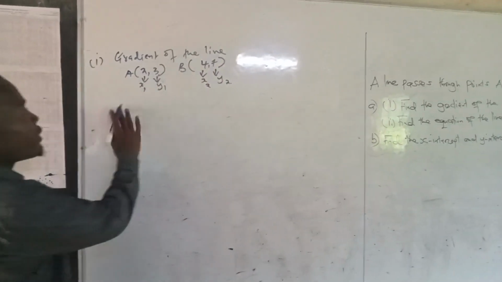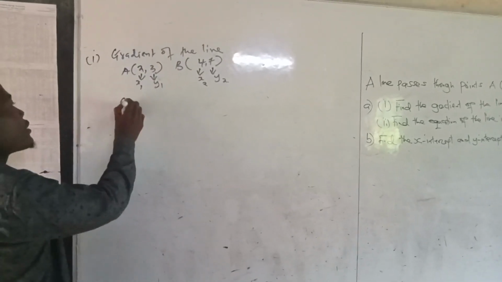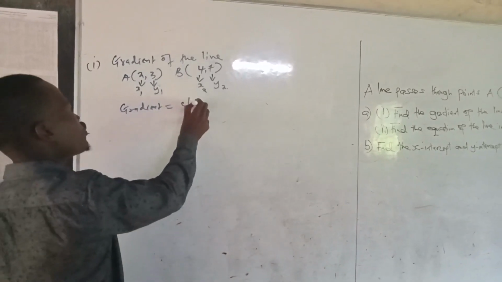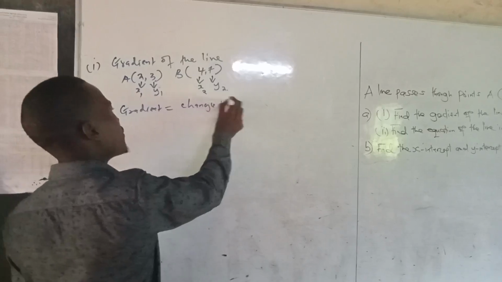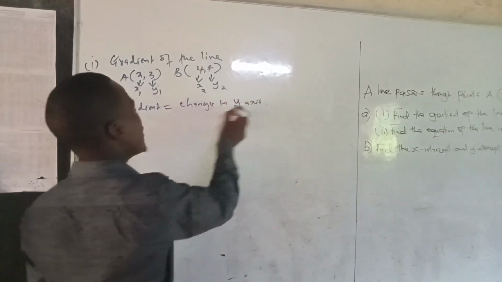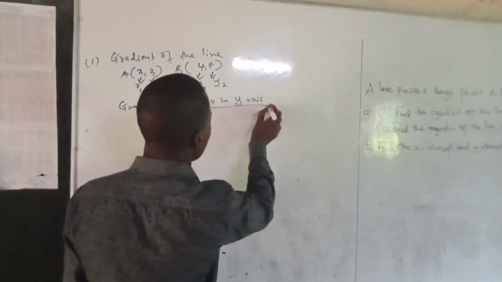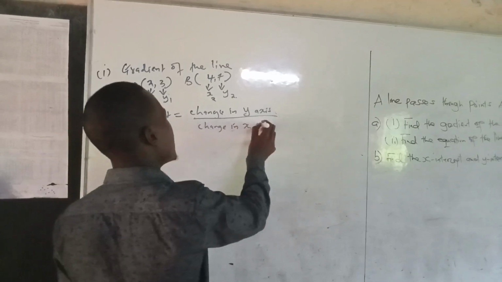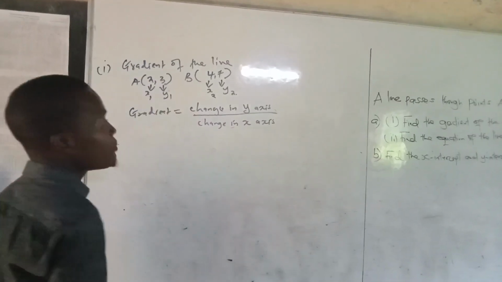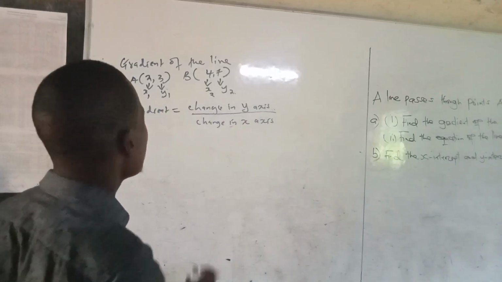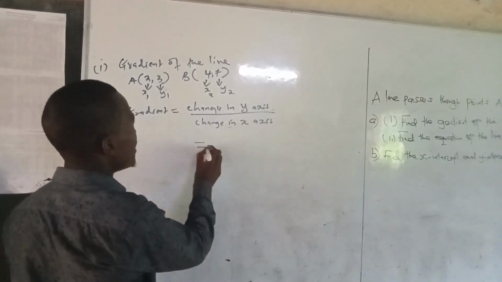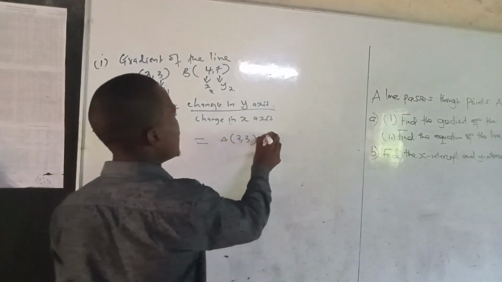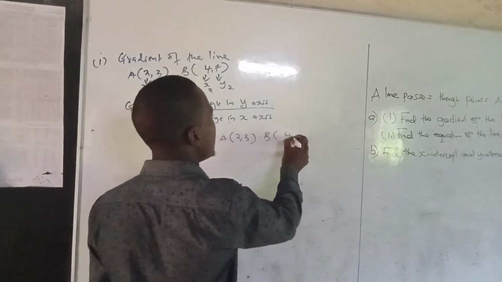So let's go direct to the question. The formula that we use to find the gradient is equal to the change in y-axis over the change in x-axis, and of course the change simply means the difference between the two coordinates. So we have A (2, 3) and B (4, 7).